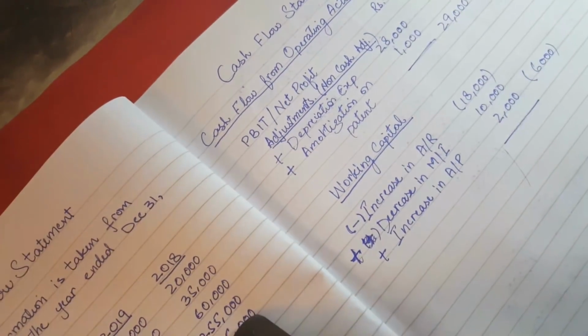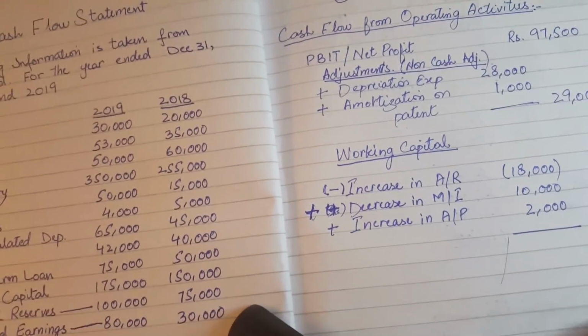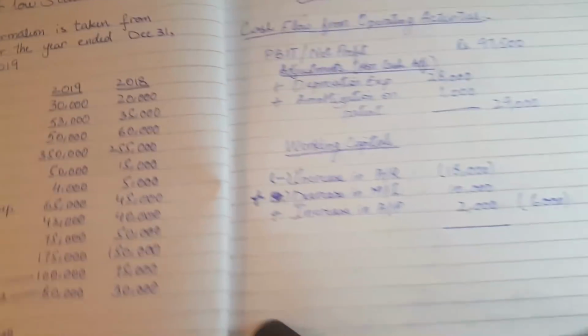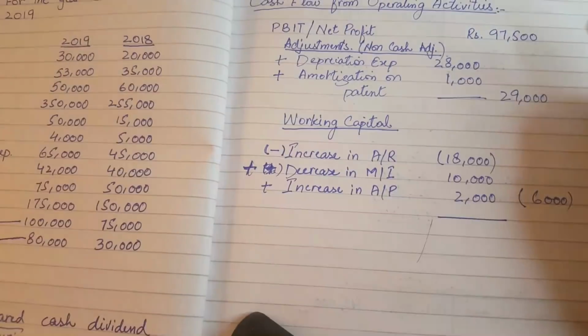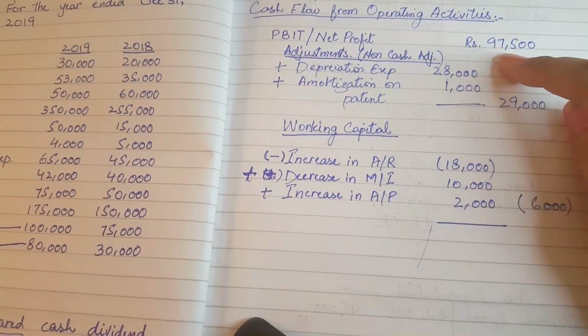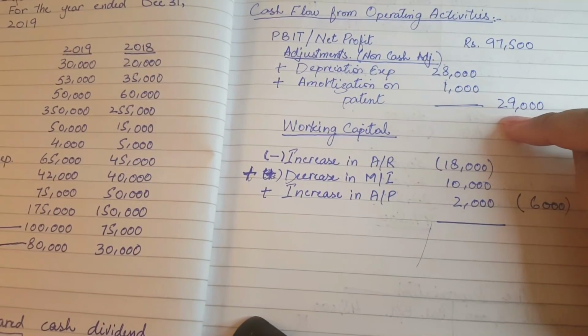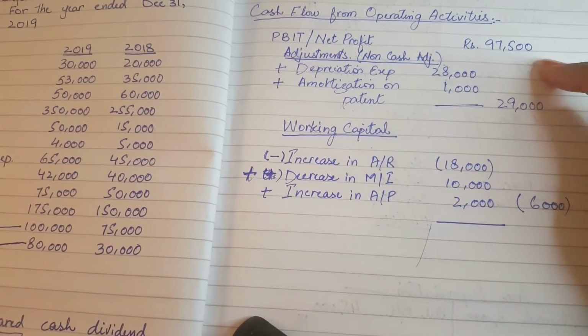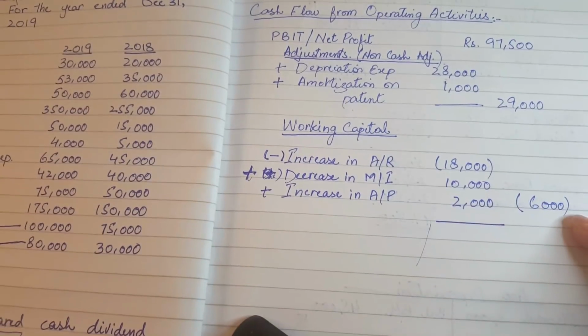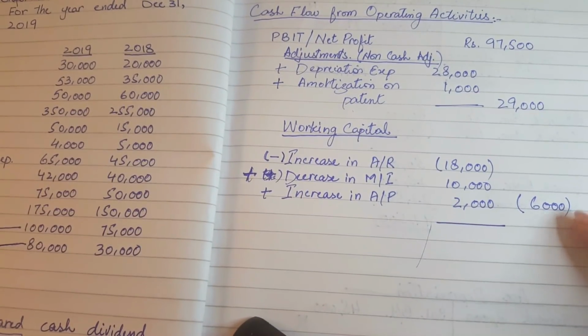So guys, to this net profit of 97,500, this non-cash item figure of 29,000 will be added, and this working capital change, which is negative 6,000, will be subtracted.